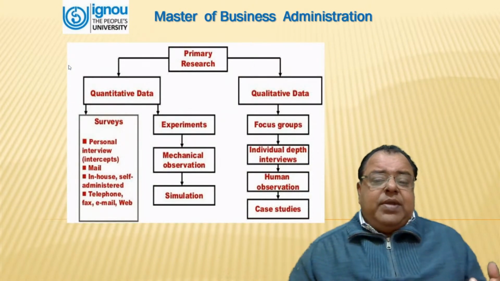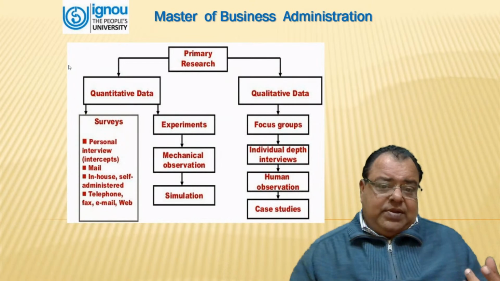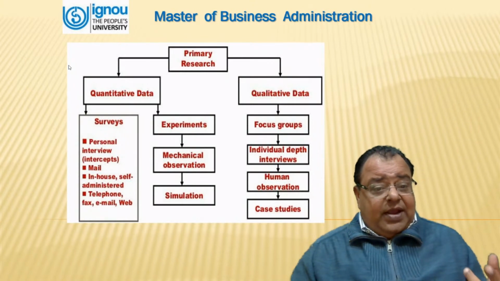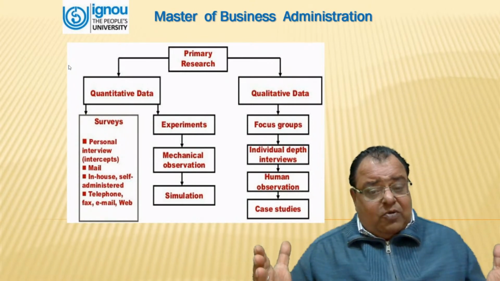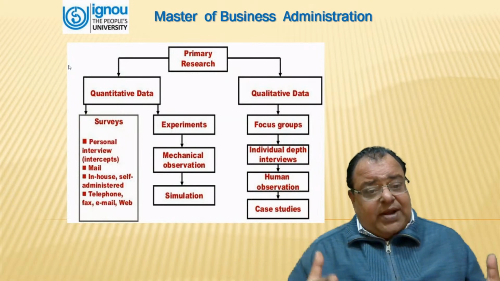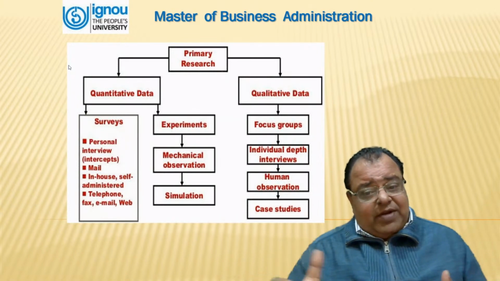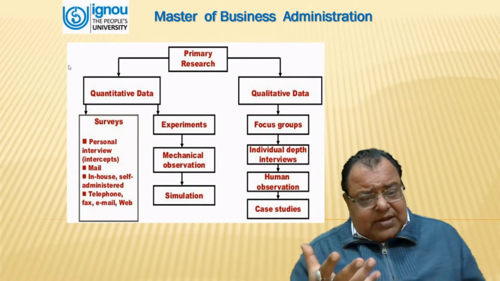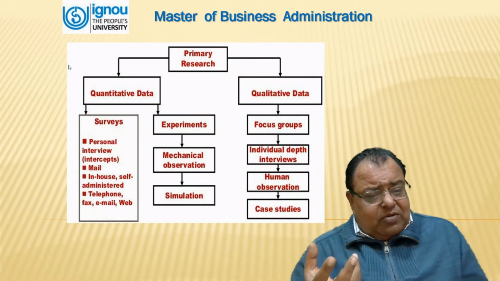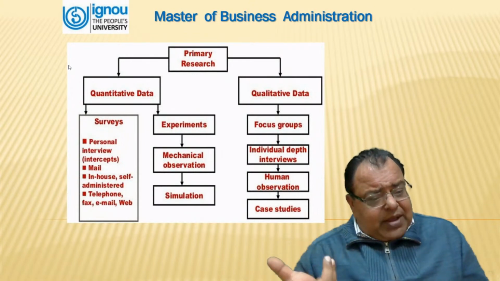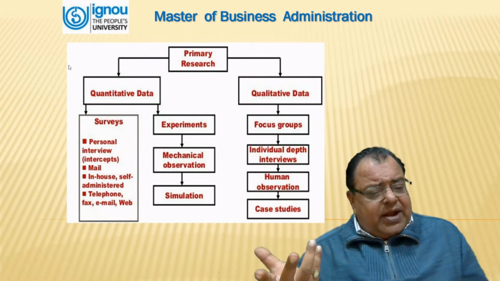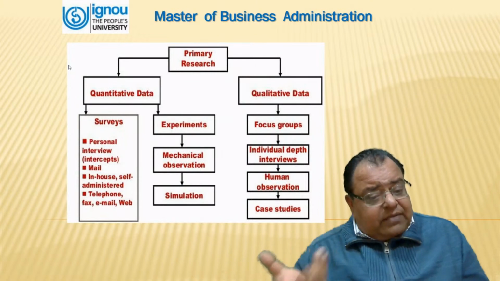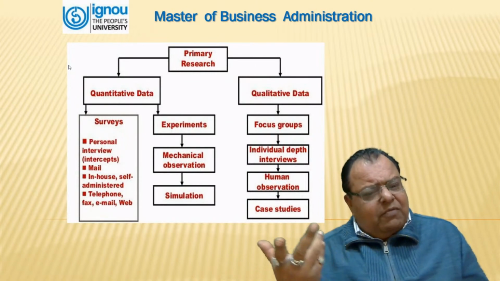Now, this diagram basically depicts primary research. It is divided into two branches, that is quantitative data and qualitative data. If we talk about quantitative data, it comprises surveys, which include personal interview, mail, in-house self-administered, telephone, fax, email, web.